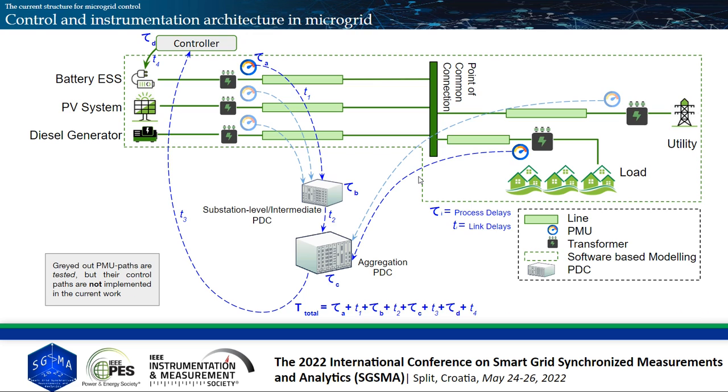With that background, let's look at the state-of-the-art control and instrumentation architecture in a microgrid. We have the controller, substation level intermediate PDCs, top level aggregation PDCs, and all the local PMUs.